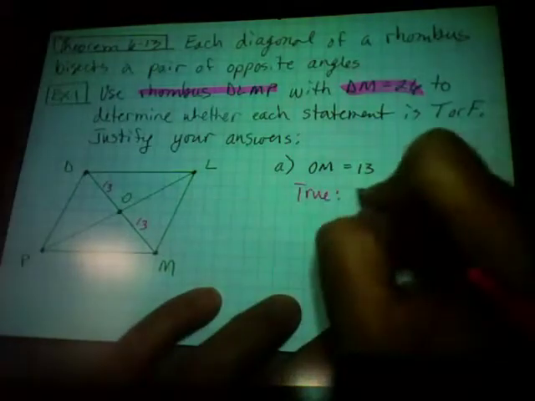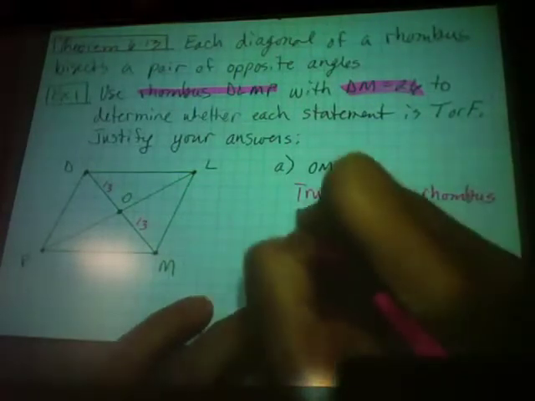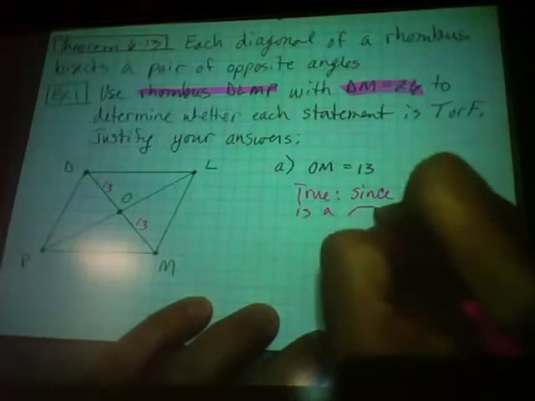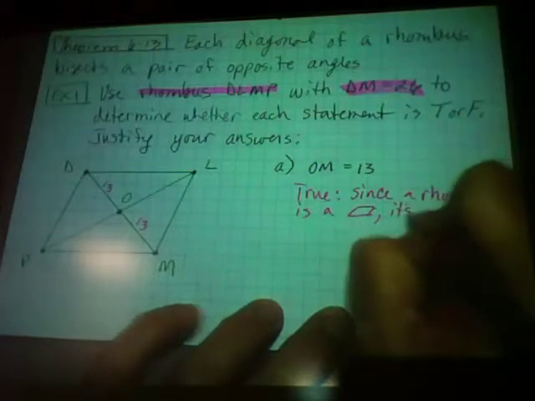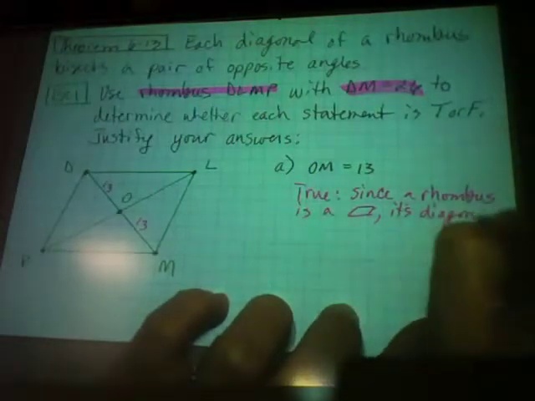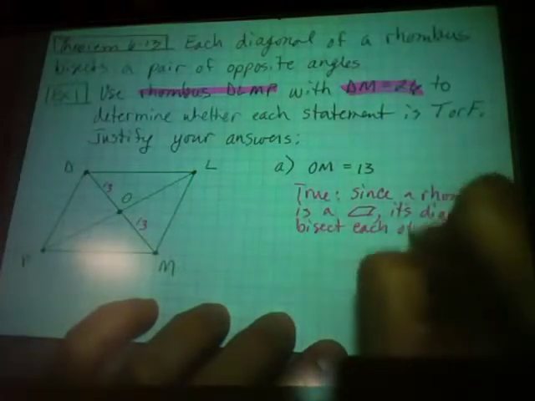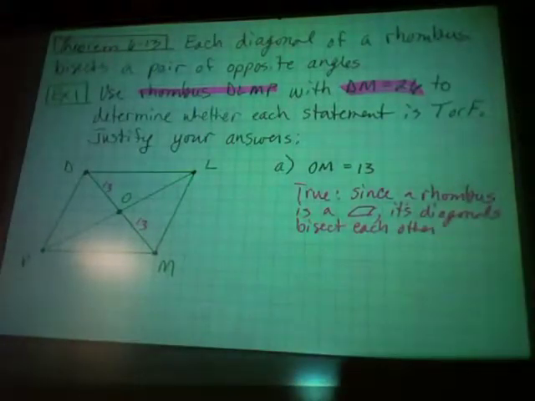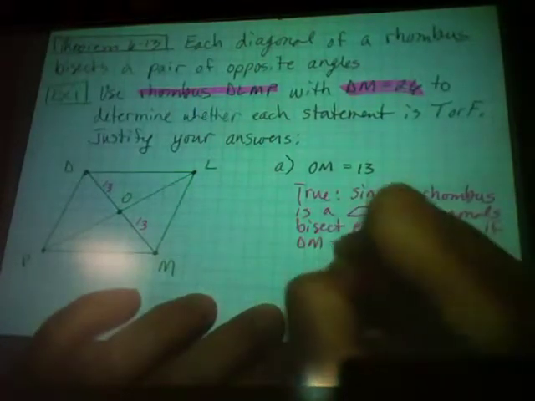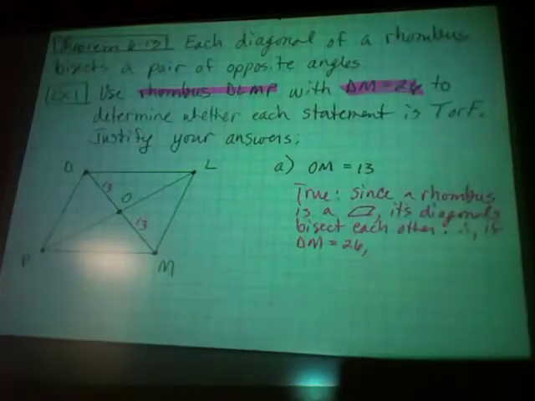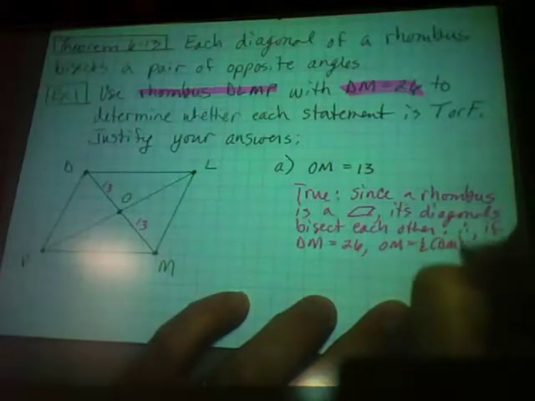So since a rhombus is a parallelogram, its diagonals bisect each other. Therefore, if DM is equal to 26, OM is equal to half of DM, which is equal to 13.